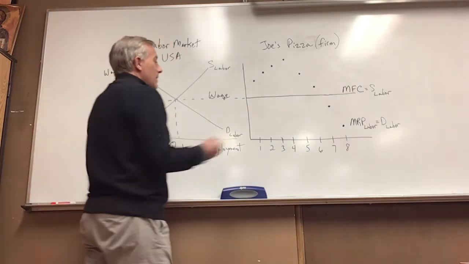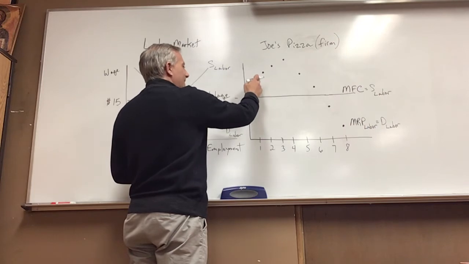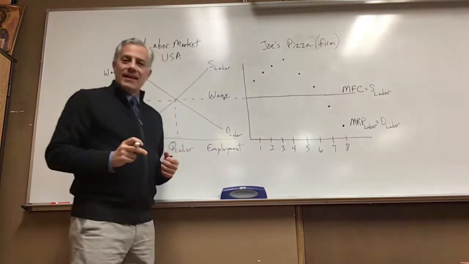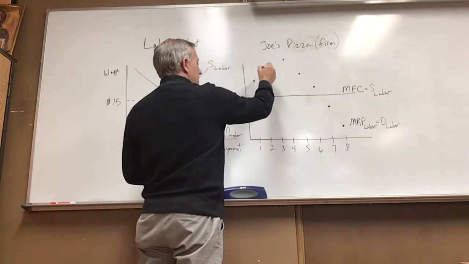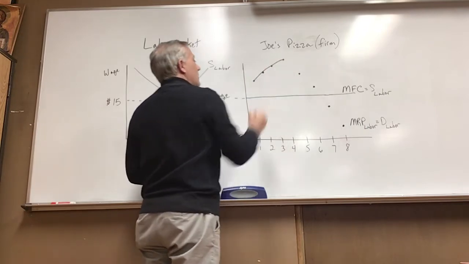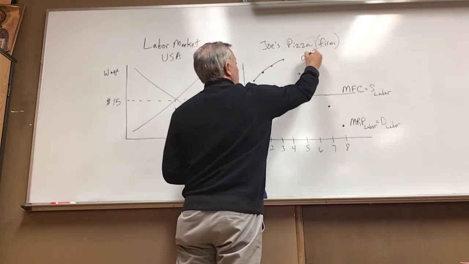All right, so it doesn't matter what the numbers are here. We know that these marginal revenue products are greater than the $15. Okay, so we're gonna hire employee number 1, employee number 2, employee number 3, and then what happens? We hit our diminishing marginal returns point right here.